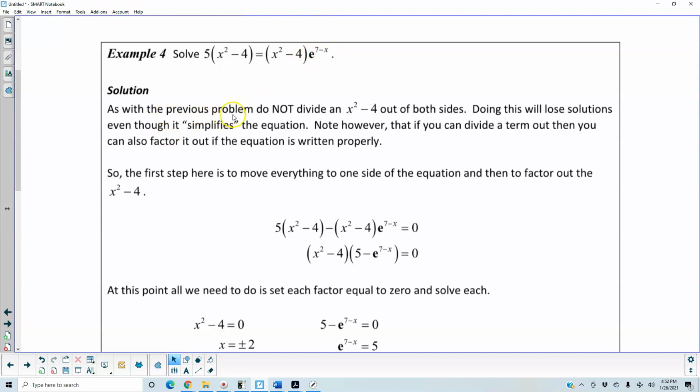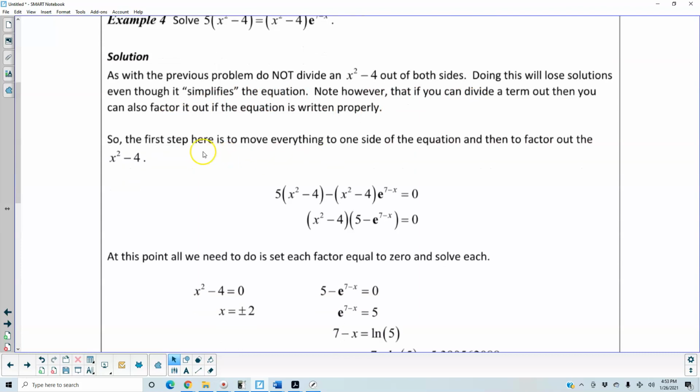As with the previous problem, do not divide an x squared minus 4 out of both sides. Again, doing this will lose solutions even if it simplifies the equation. Note, however, that if you can divide a term out, then you can also factor it out of the equation if it's written properly. So the first step here is to move everything to one side of the equation and then factor out x squared minus 4.